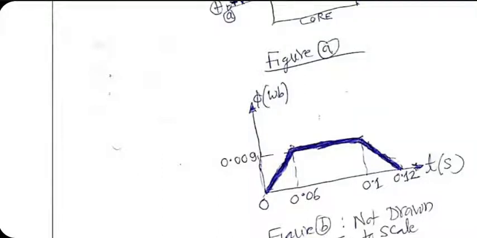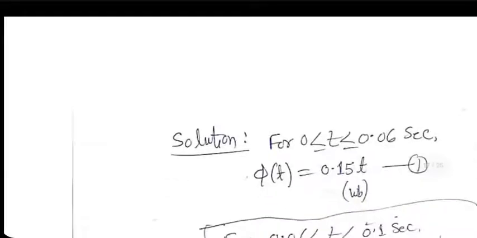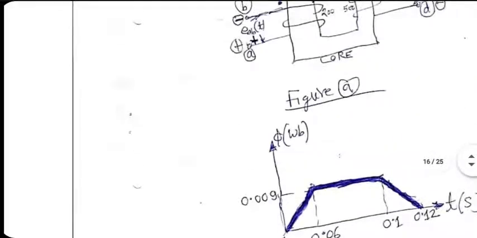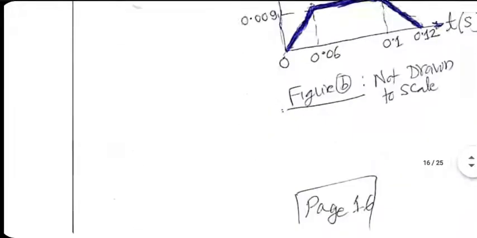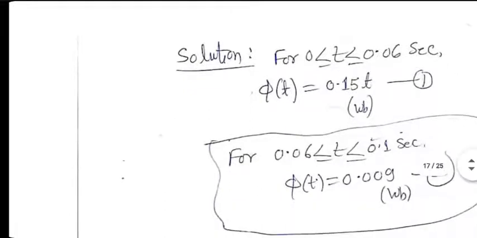So you can calculate the slope of the line, right? So phi(t) should be 0.15 t Weber. That is the correct equation, I think, for the first part. Okay. For the second part, of course, it's simply constant. No issue with that.